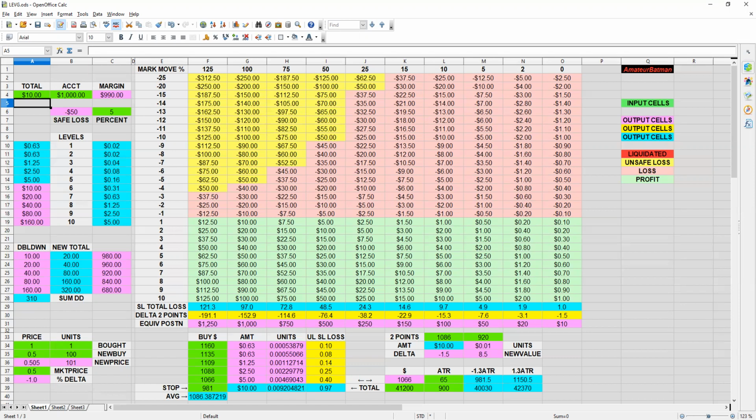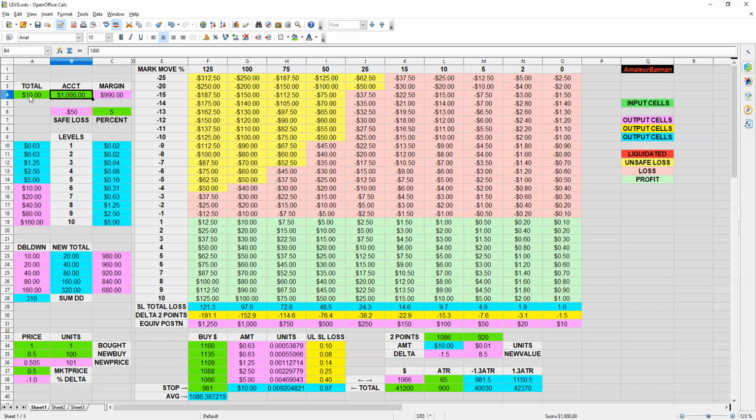One of the most important things on this chart is top left here, this total and account. This total means the size of the purchase that you're going to make, and the account box is how much money you have in your account. Now, again, this is for leveraged positions. You could technically use this for spot or other things, but we're planning on using this for leverage calculations.